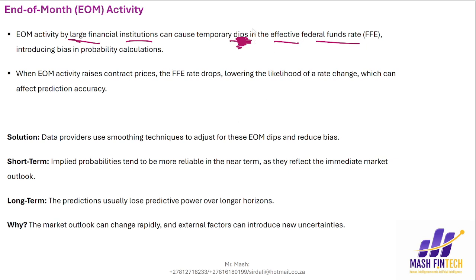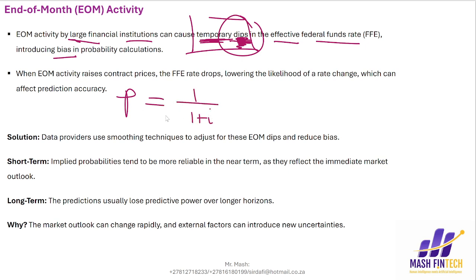And when there are these dips, remember, the dips are not permanent, they are temporary. They are going to introduce bias in probability calculations. So when the end of month activities cause these dips, you remember this relationship that the price of a financial asset is discounted.